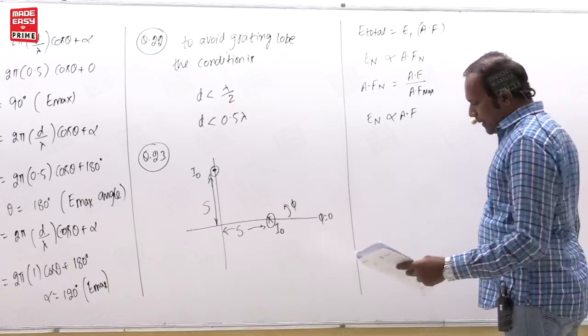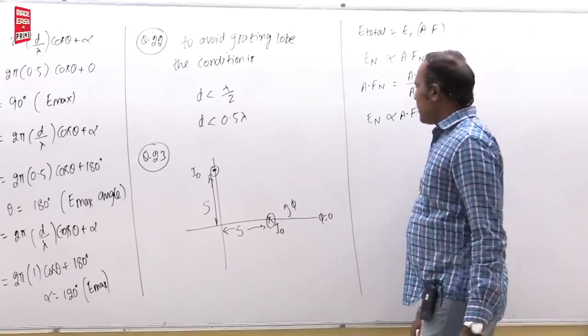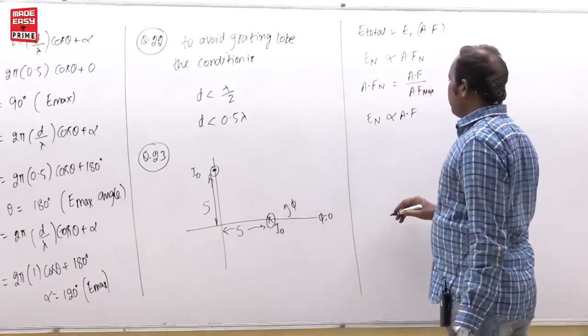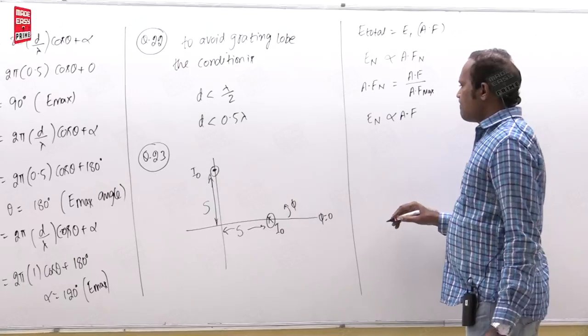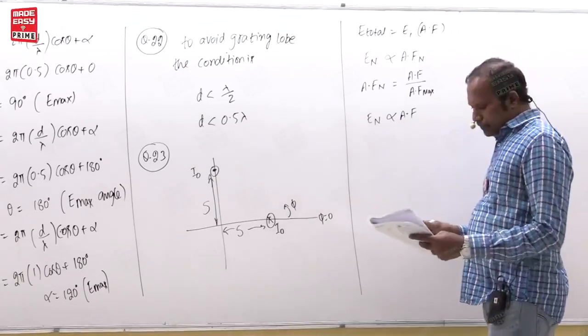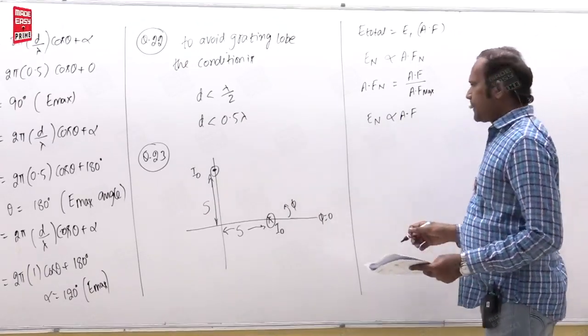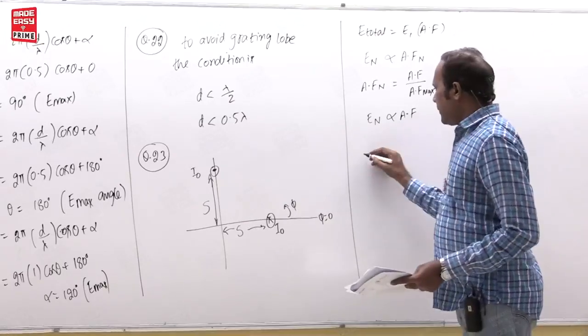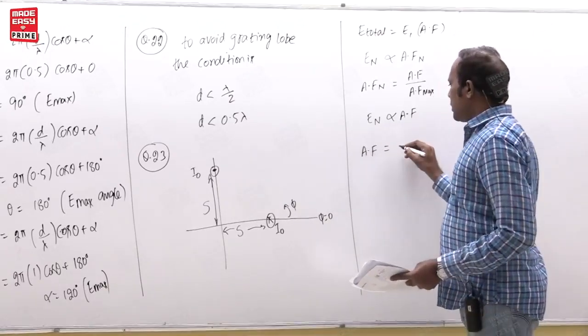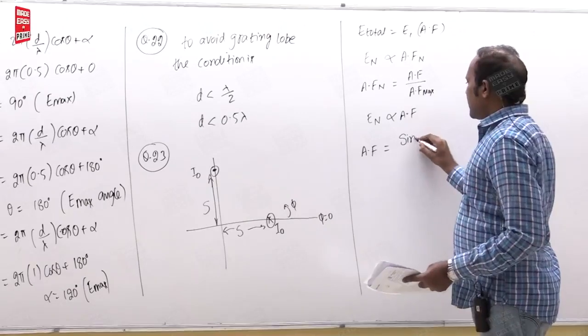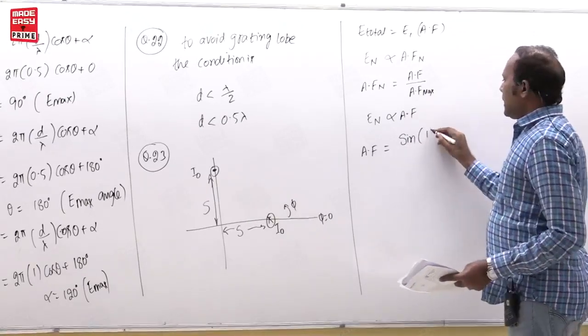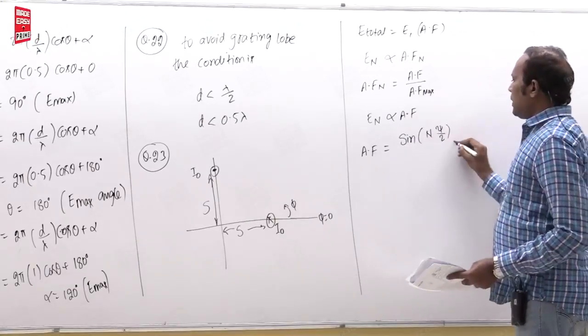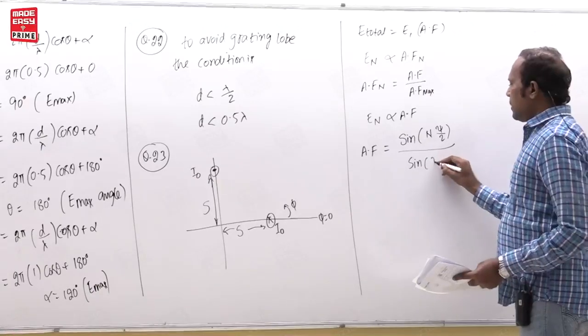First, you find the array axis, student. Array factor is equal to sin(n psi by 2) divided by sin(psi by 2).